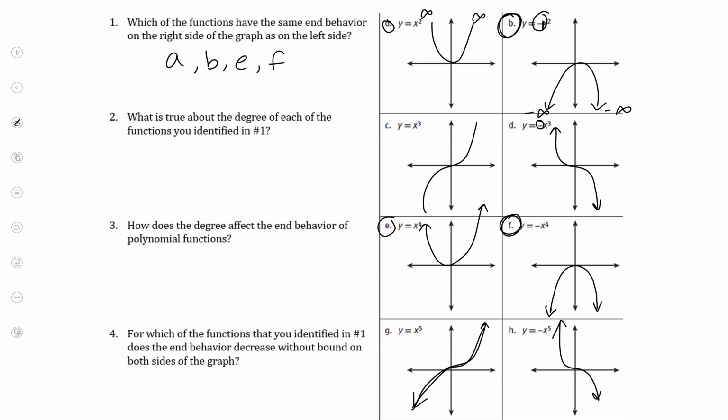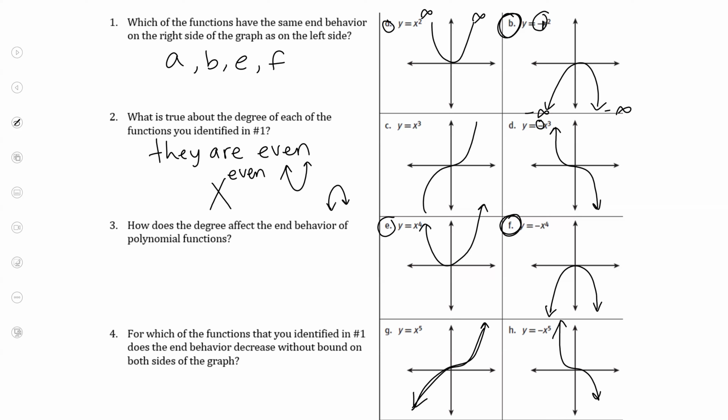These graphs have the same end behavior. What did you guys notice about the degree for these? They're even. A, B, E, and F are even. So guys, remember, if you have a polynomial of even degree, they're going to be facing the same way, either all up or all down.